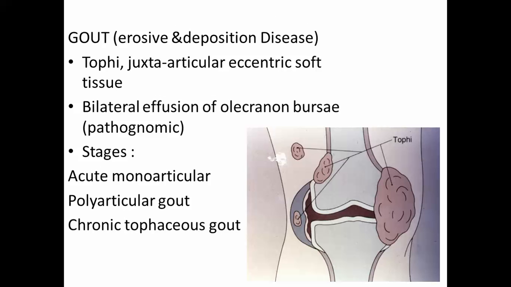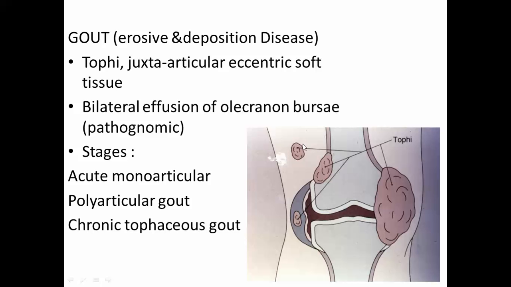This is gout, in which the key point is the presence of tophi. Tophi could be juxta-articular, usually eccentric in one part, related to the capsular margins, or could be in the subcutaneous tissues.